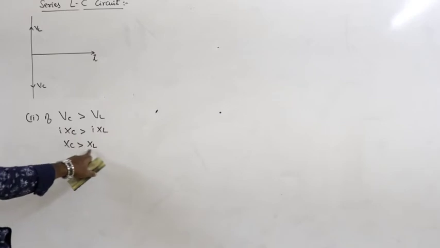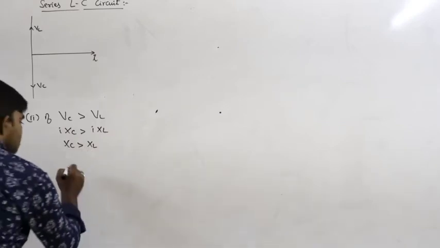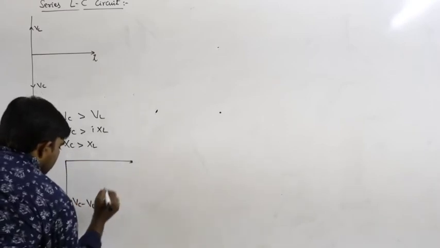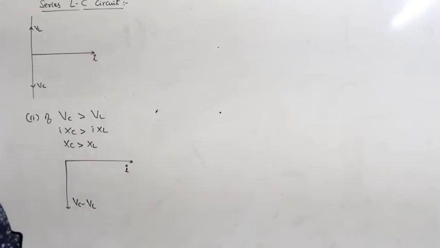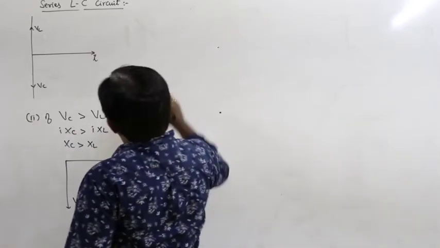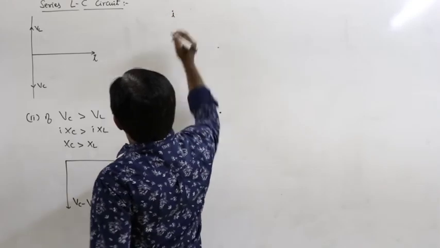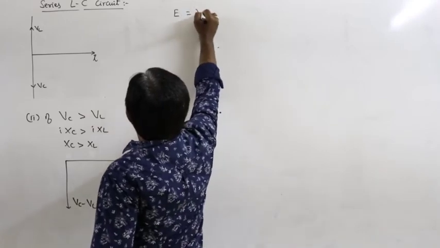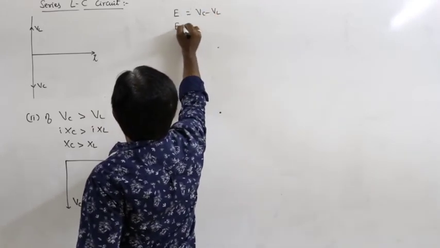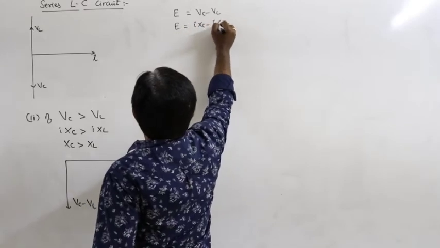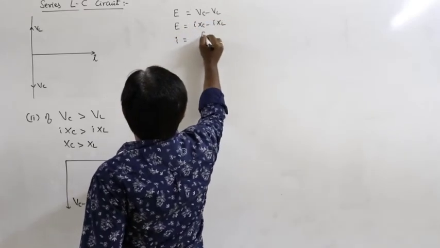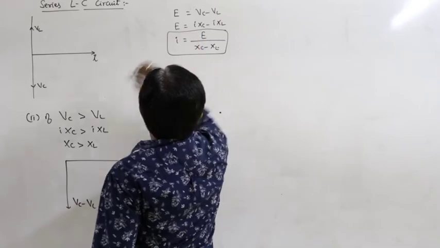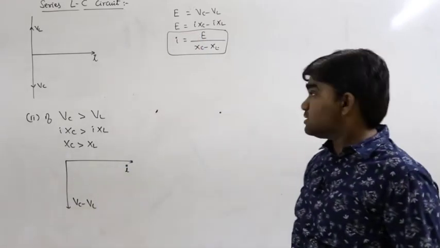Then the circuit has VC minus VL and I. So E net is VC minus VL, E is equal to IXC minus IXL. Therefore, I is equal to E by XC minus XL.